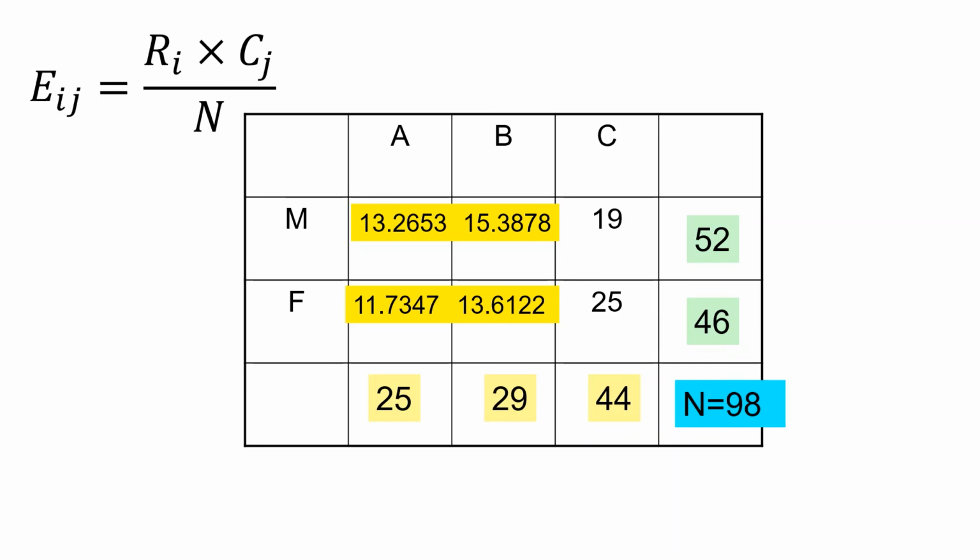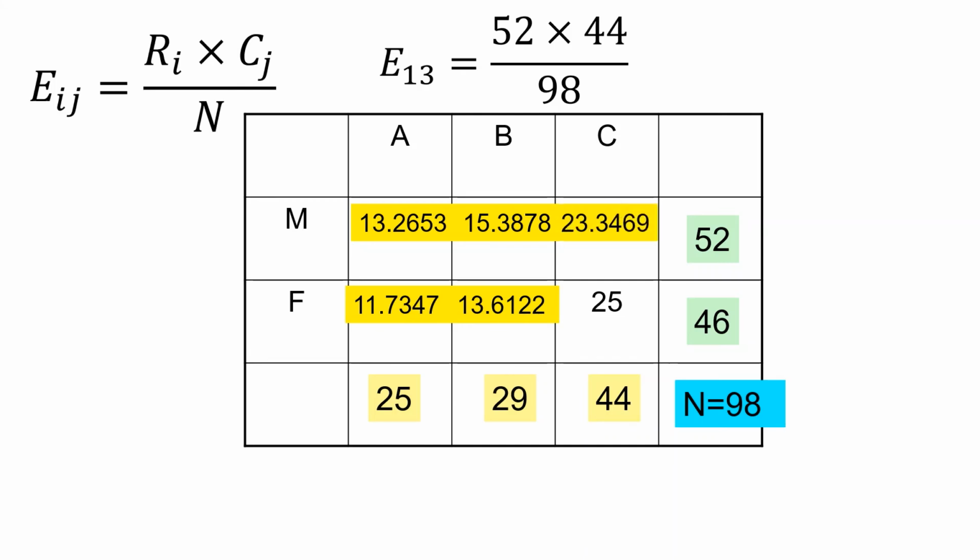Next, the expected value of row 1 column 3 is 52 multiplied by 44 divided by 98, which is equal to 23.3469.